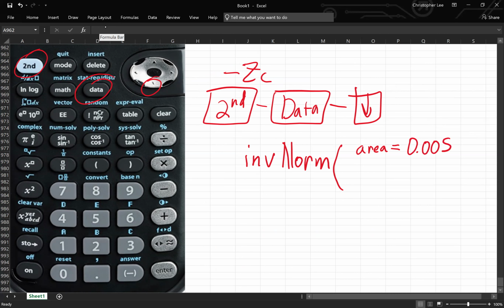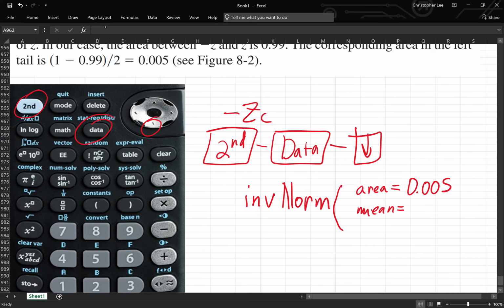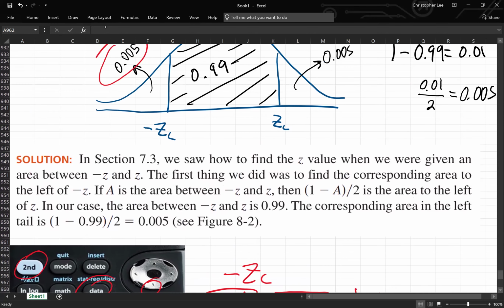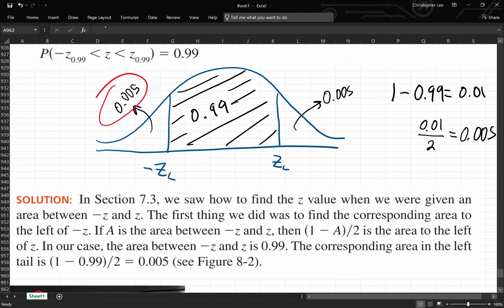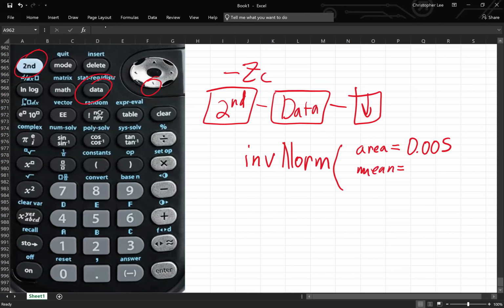What's my mean? What do we think my mean is going to be? No, it's 0, because these are Z's. Whenever we have a standard normal distribution, the mean is 0. And what's my standard deviation? Perfect. Press enter. What do you guys got?